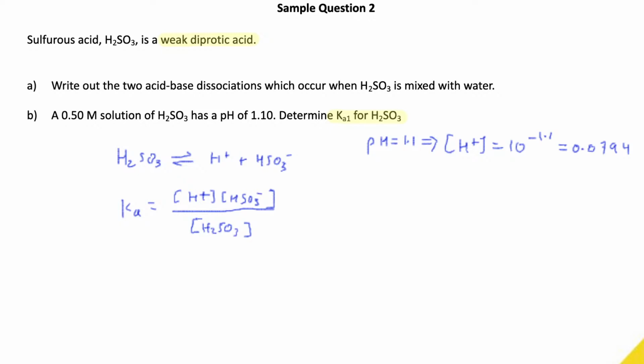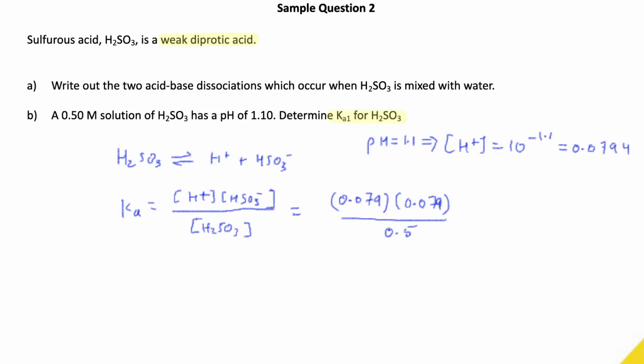It turns out that these two concentrations are the same. So now I can write my Ka as 0.079 times 0.079 over 0.5. Why is this 0.5?